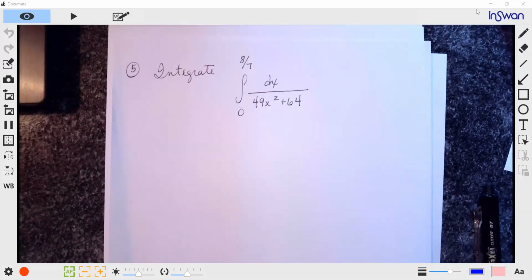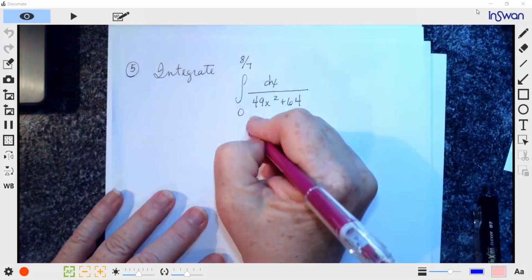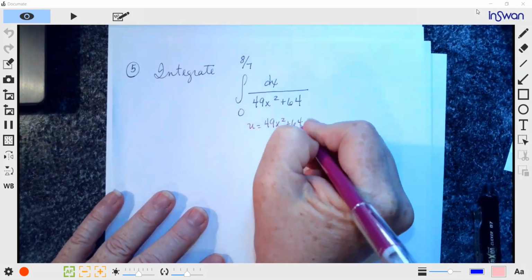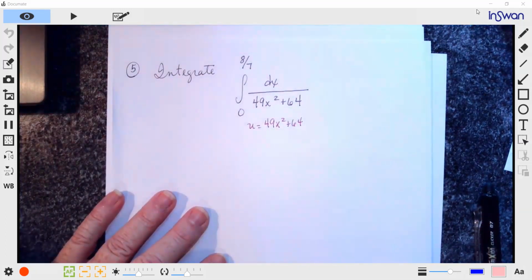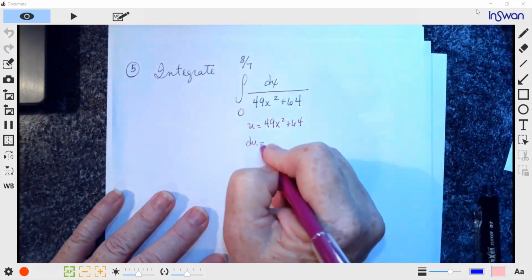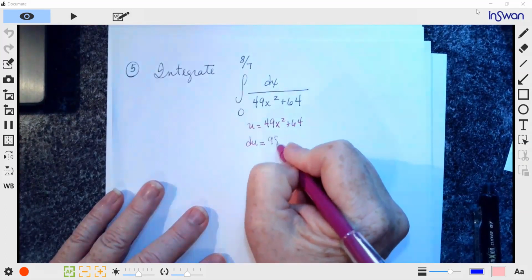Could I use just a u substitution with u equals the denominator? Well, if I tried that, my du would be what, 98x dx?